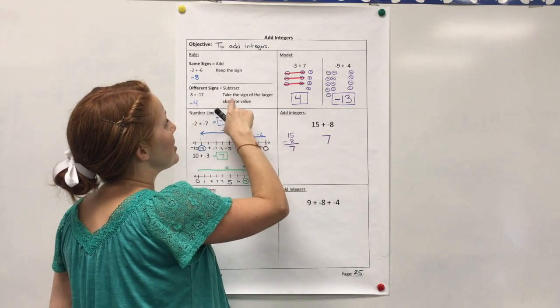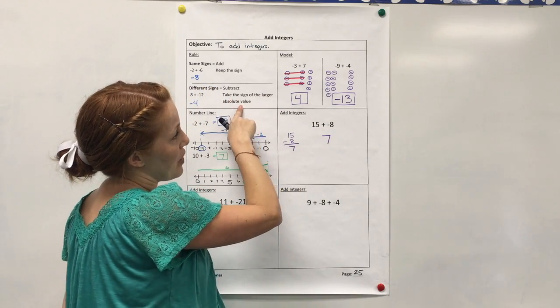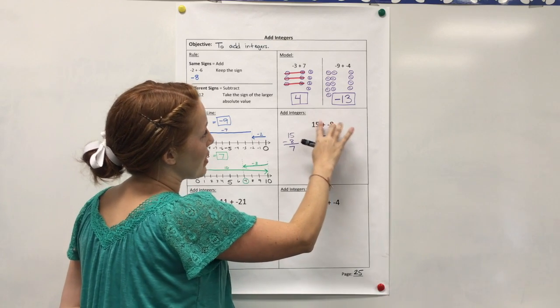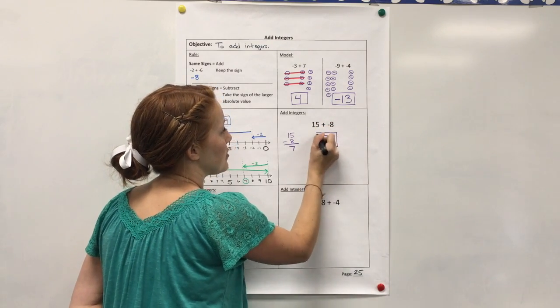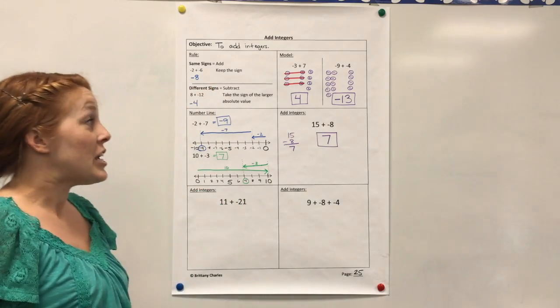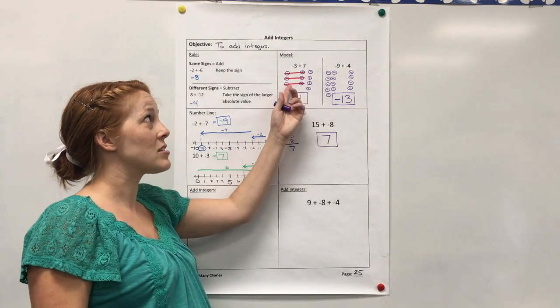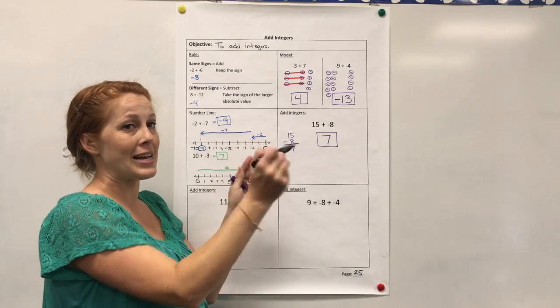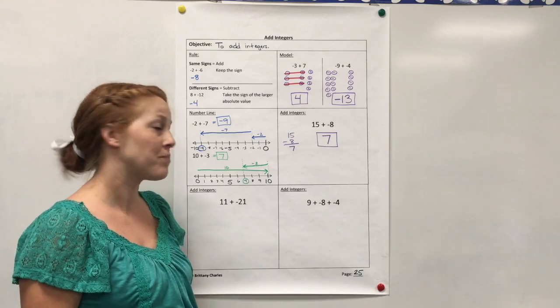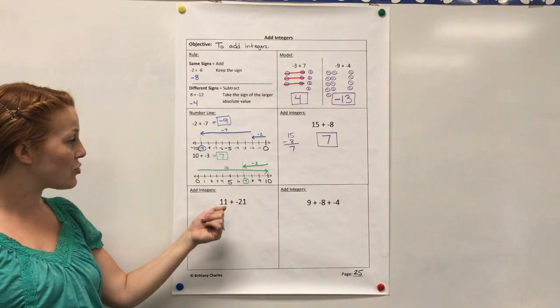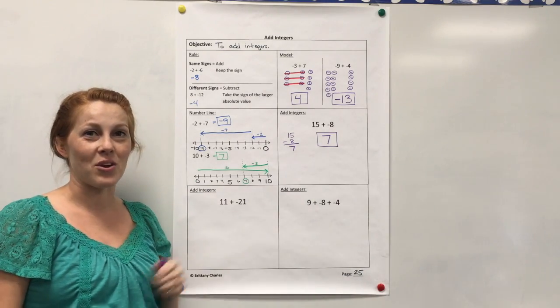And then it says, take the sign of the larger absolute value. Well, this is 15 and this is 8. 15 is larger, so that means it's going to be +7. Again, if you drew a picture like this, you would have eliminated 8 pairs and you would have had 7 positives left over. Okay, go ahead and try the last two and then we'll see how you did.